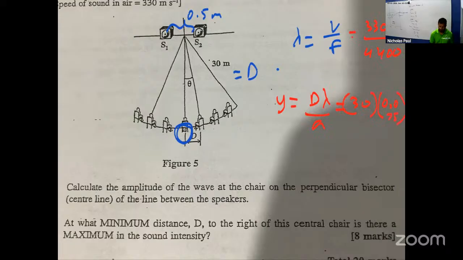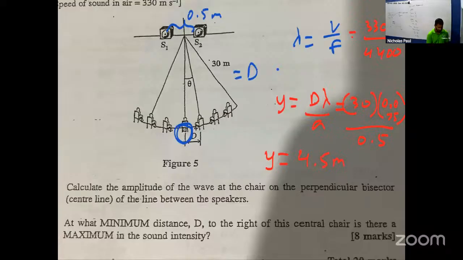Right, 0.075 all over a. So y is how much? 30 by 0.075 over 0.5. What's that? 4.5. Y is equal to 4.5 meters.